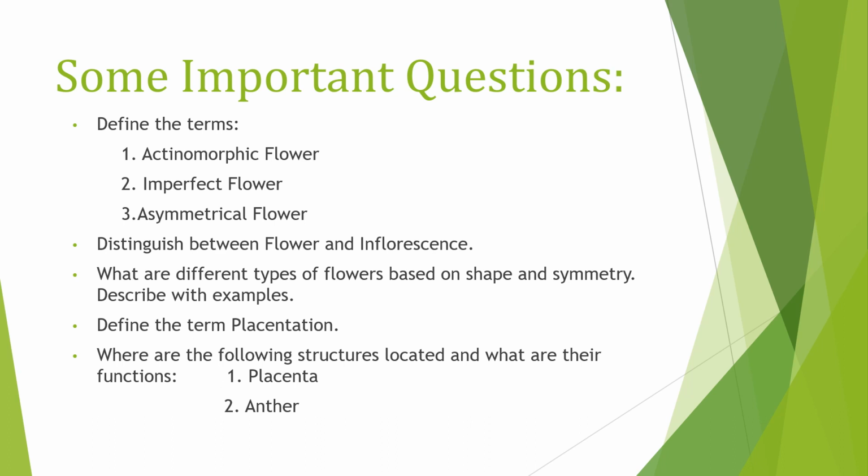Describe with examples. Now you write the examples and also draw the diagrams wherever required. Define the term placentation. And the last question is, where are the following structures located and what are their functions?